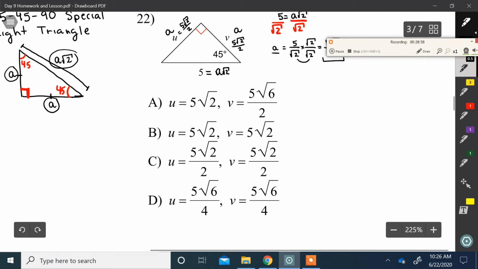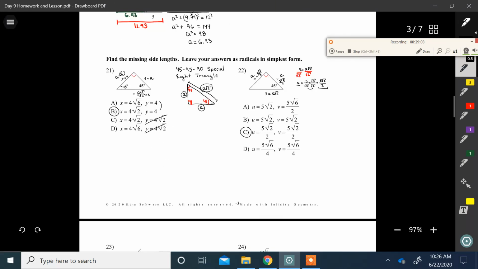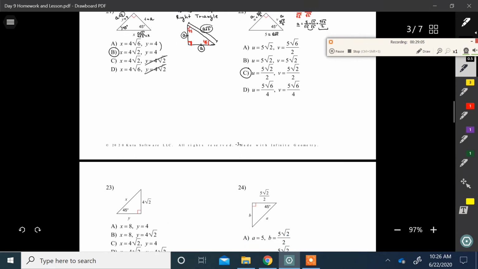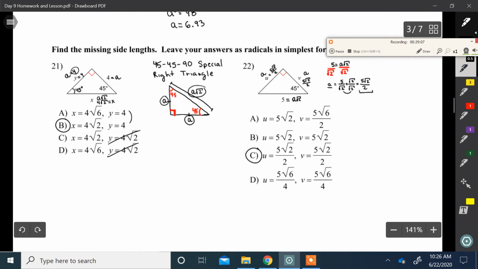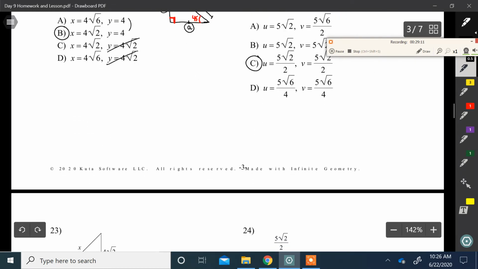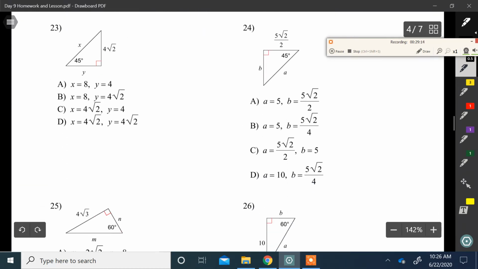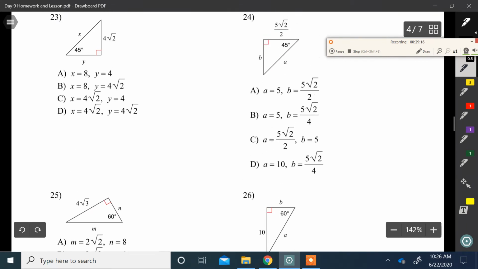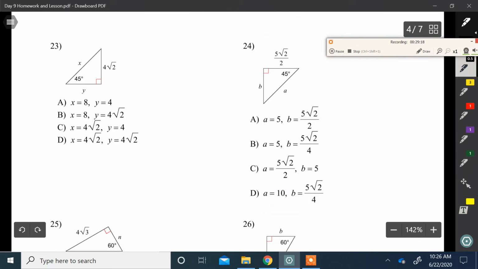So the answer for this one should be C. Okay, I know that's a little bit confusing at first. It is hard to see it, but hopefully you see it now. Okay, I'm going to have you try number 23 and number 24, okay?